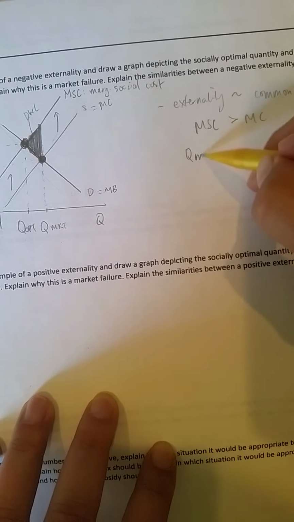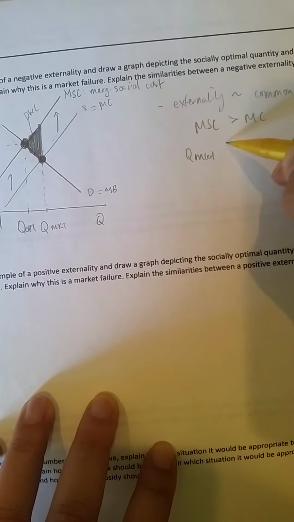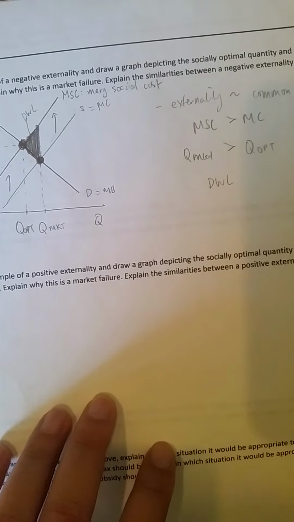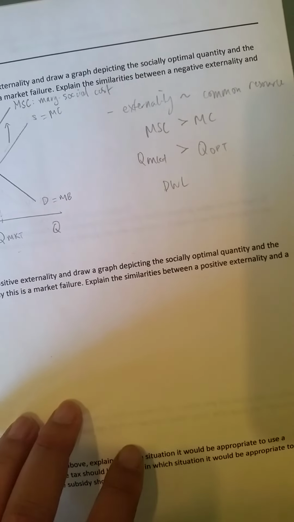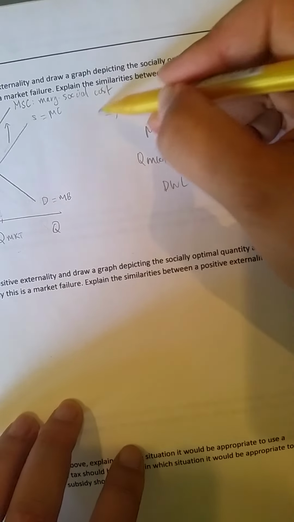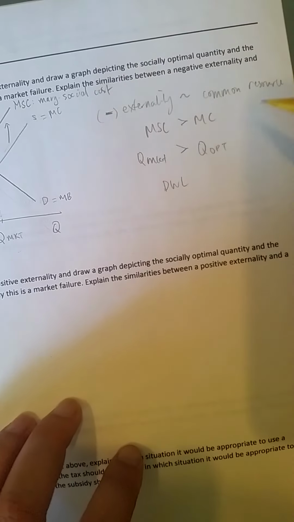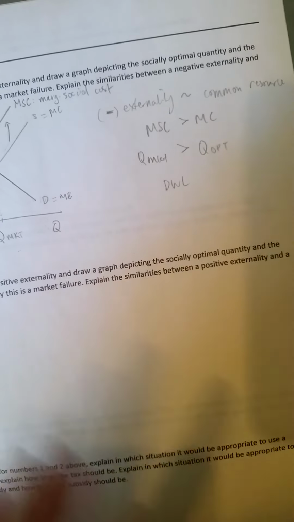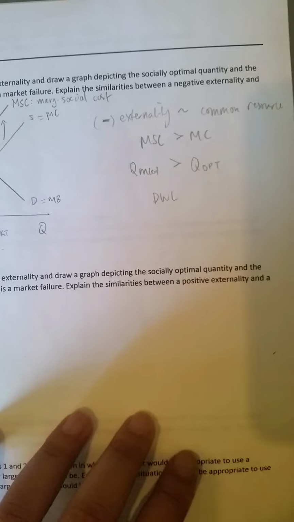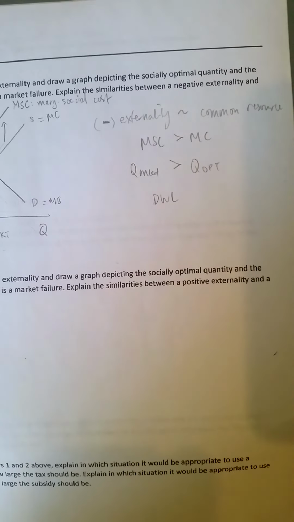It means that the market quantity is greater than the quantity that is socially optimal. And it means that we have this outcome of deadweight loss. So in that sense, the negative externality is going to look exactly like a common resource for these reasons. And so actually graphically, these things look very similar. And in my mind, I draw them exactly the same.